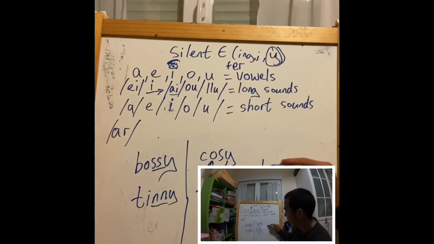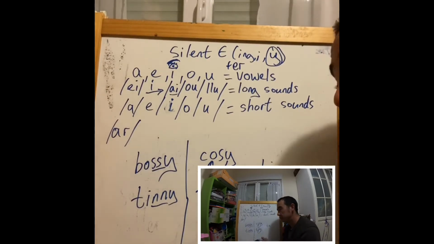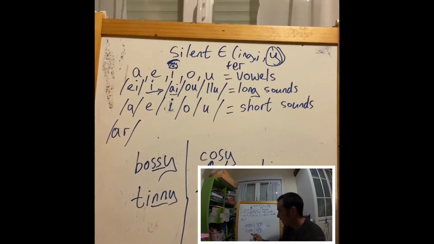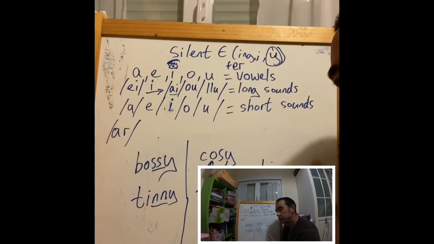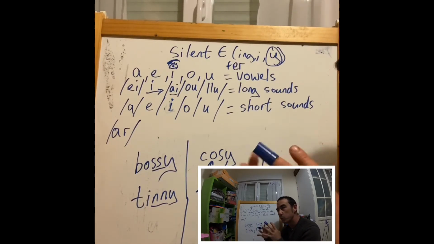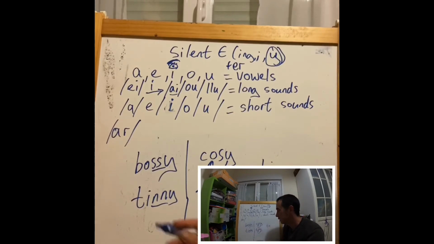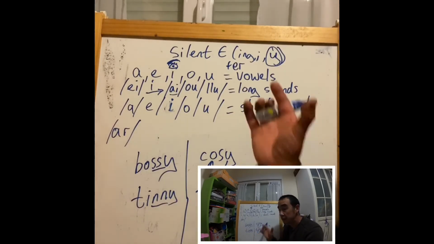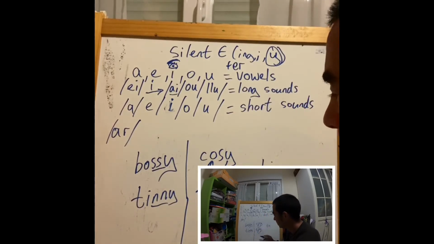Now tin is a material, a metal which is hojalata, and tinny is often referring to sound. If there's a sound quality that has no bass or treble, no depth to it, we can describe it as being tinny, a tin can sound.